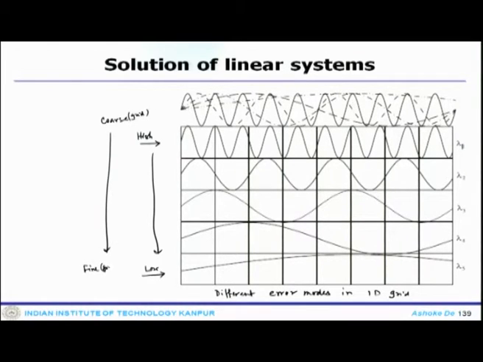So this is one thing that we keep on talking about, that your grid refinement can have a lot of impact on the solution. Once you refine the grid, your grid spacing reduces, and that reduces your truncation error, which is one of the major errors in any numerical approximation.